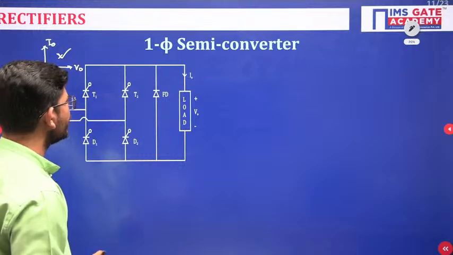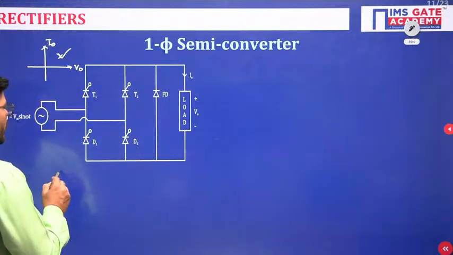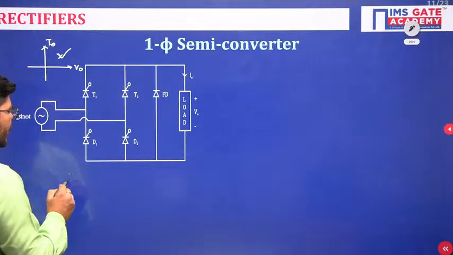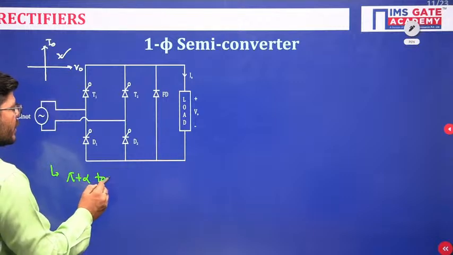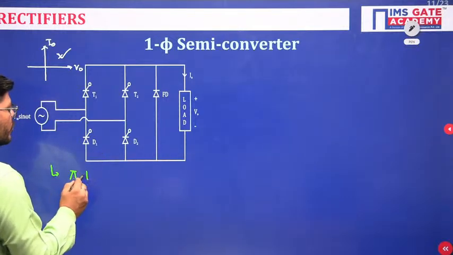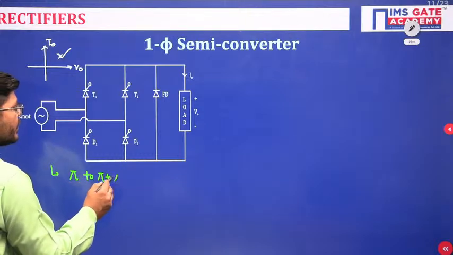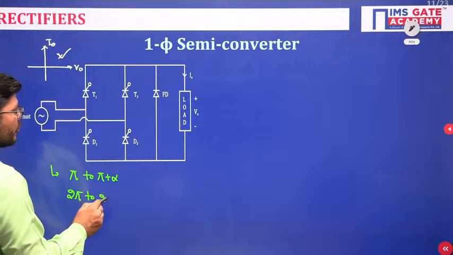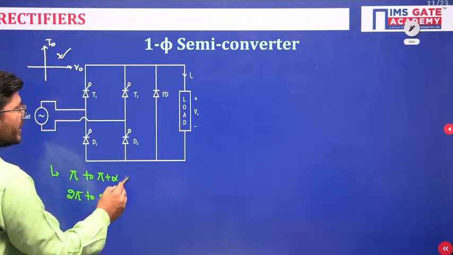So if you are doing this, what will happen? Earlier what happened, and now what will be the change? From pi to pi plus alpha, and from 2 pi to 2 pi plus alpha, who will be conducting?